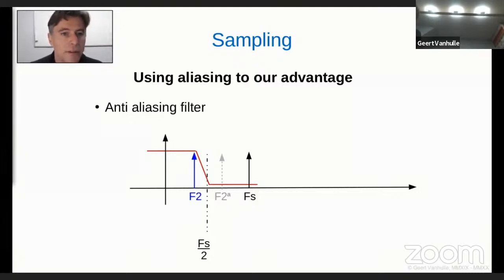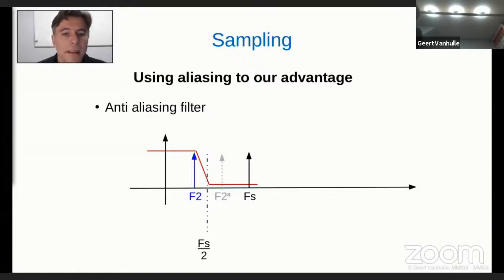And this is actually the reason why Shannon-Nyquist exists. It is because if we sample a frequency that is higher than half of the sampling frequency, it appears as being a frequency lower than half of the sampling frequency. So this is actually the reason for the Shannon-Nyquist formula.